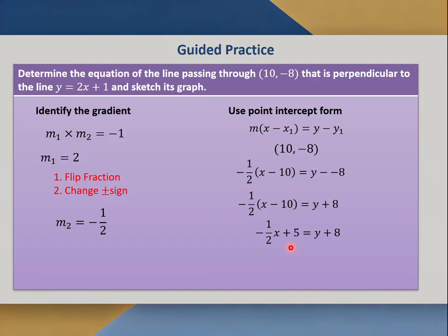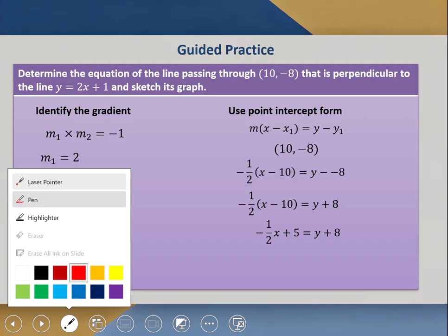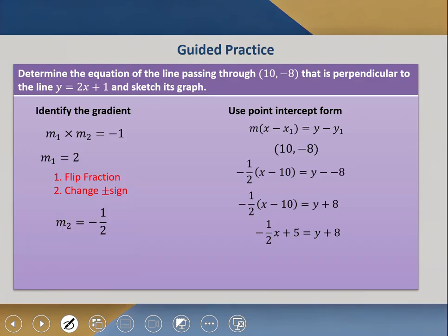The final part is to get y by itself, so we are going to take away 8 from both sides. If I take away 8 from both sides, that will be 5 take away 8, which should be -3. So that gives me y is equal to -1/2 x take away 3.